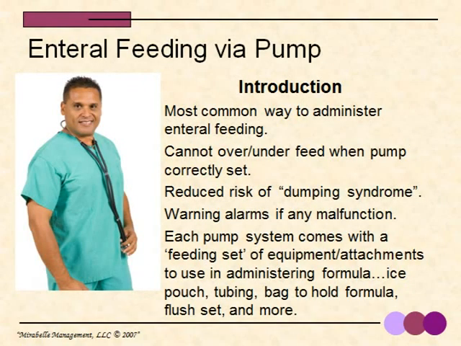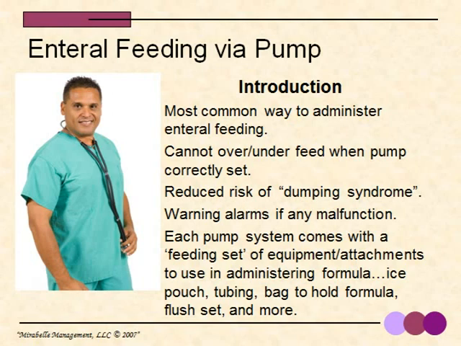I've talked about the bolus syringe method of getting nutrients through the tube, the gravity flow method, and the feeding pump. Now a little bit more about a feeding pump. This is the most common way to administer an enteral feeding. You cannot over or underfeed when this pump is correctly set.